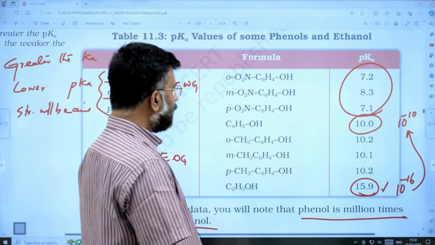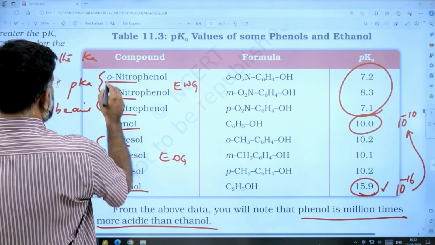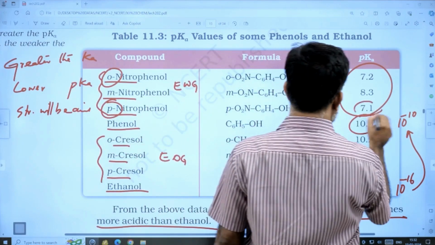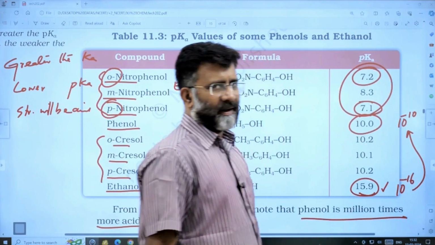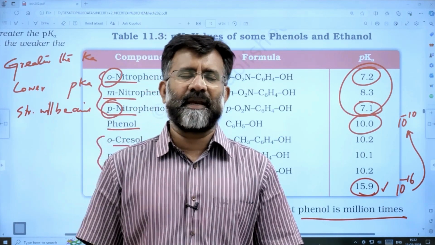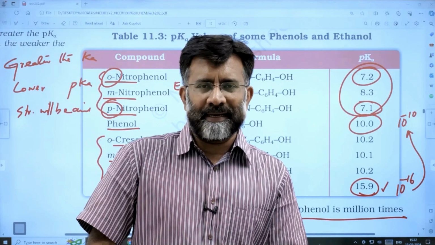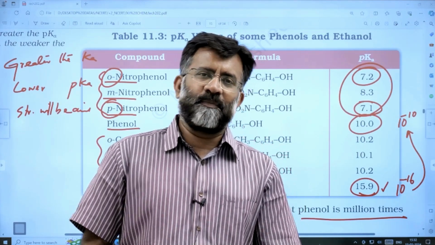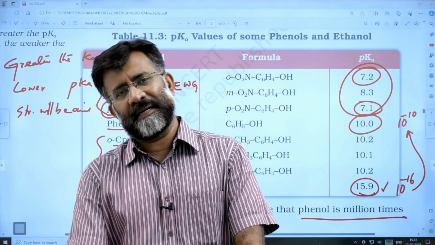And remember, acidic strength is more influenced at the ortho-para position, and less influenced at the meta position. So the electron withdrawing and donating effects are more profound at ortho-para than at meta position.